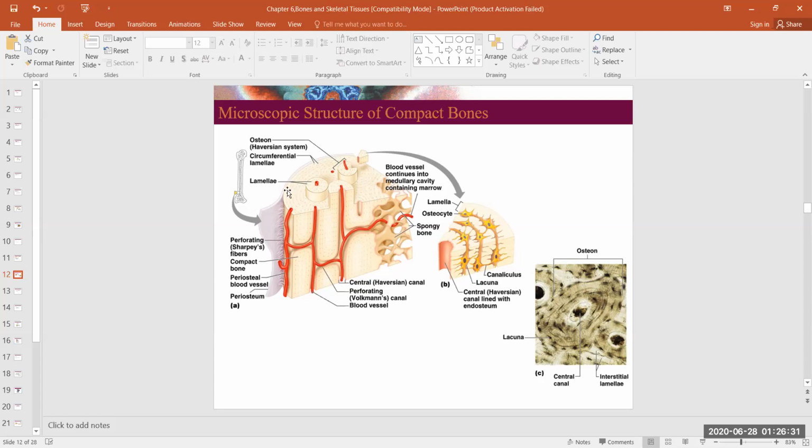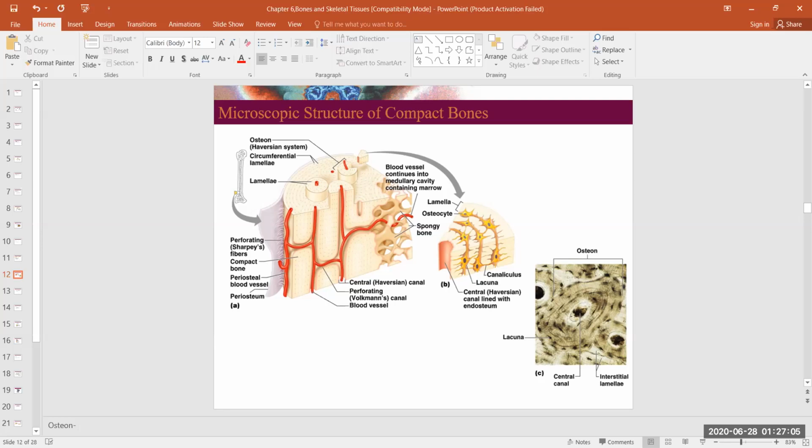So we call them circumferential lamellae. Very important here. Osteon is a small unit of compact bone. Like our body is made up of small units called cells, bone is made up of a small unit called osteon. Clear? If we understand one osteon, we can understand the whole composition of compact bone.